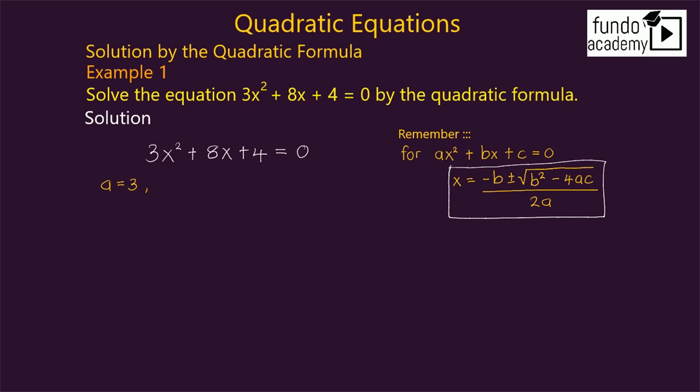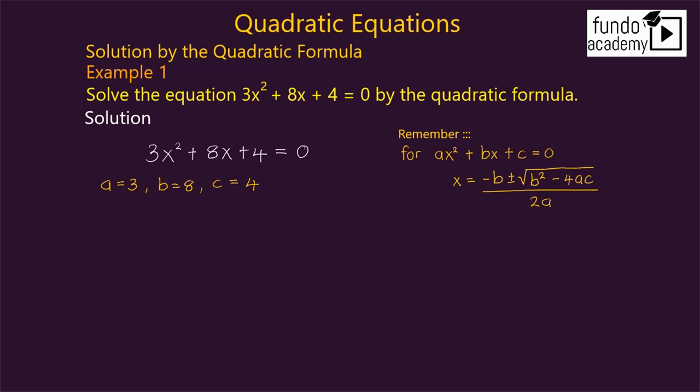So a is 3, and b is the coefficient of x, so b is 8. c is the constant term, and our constant term is 4. So we now have our values of a, b and c. Now we can substitute these values into the quadratic formula.